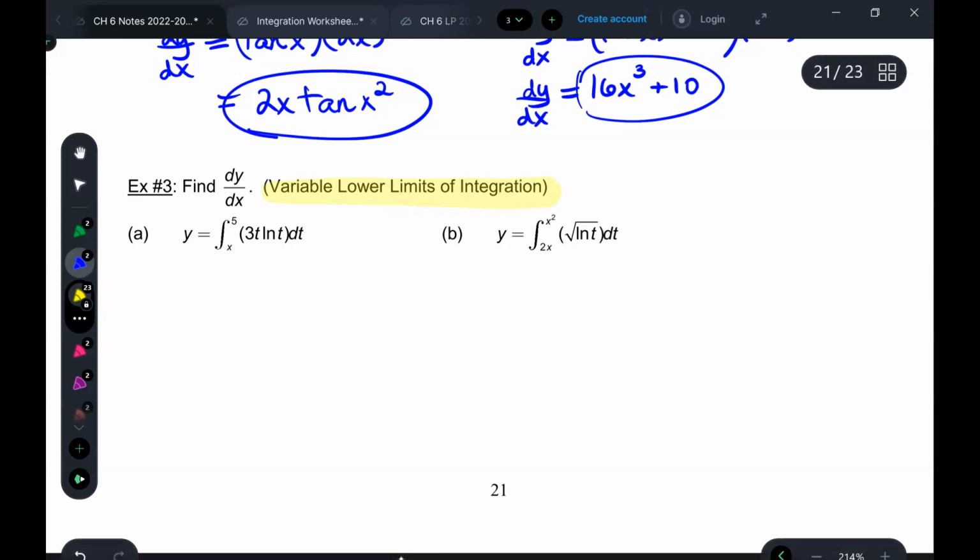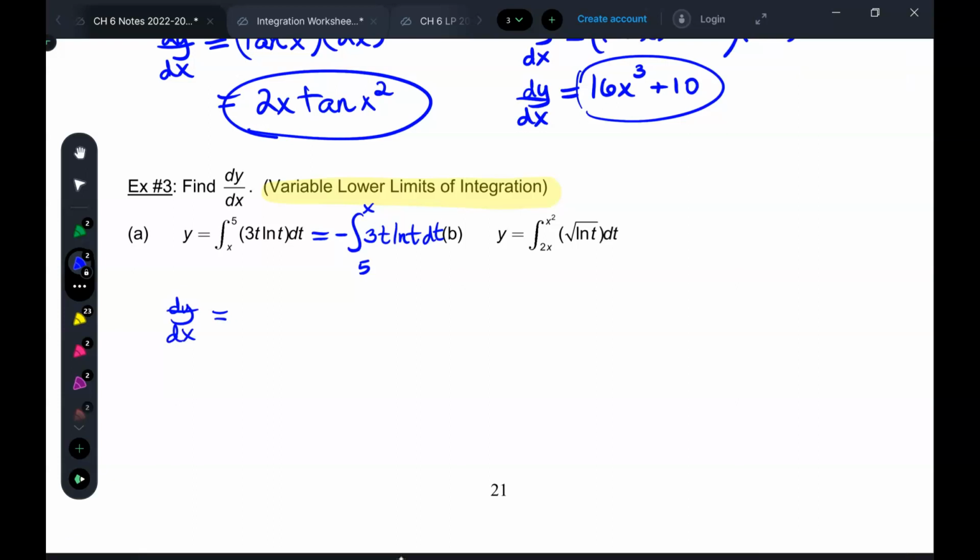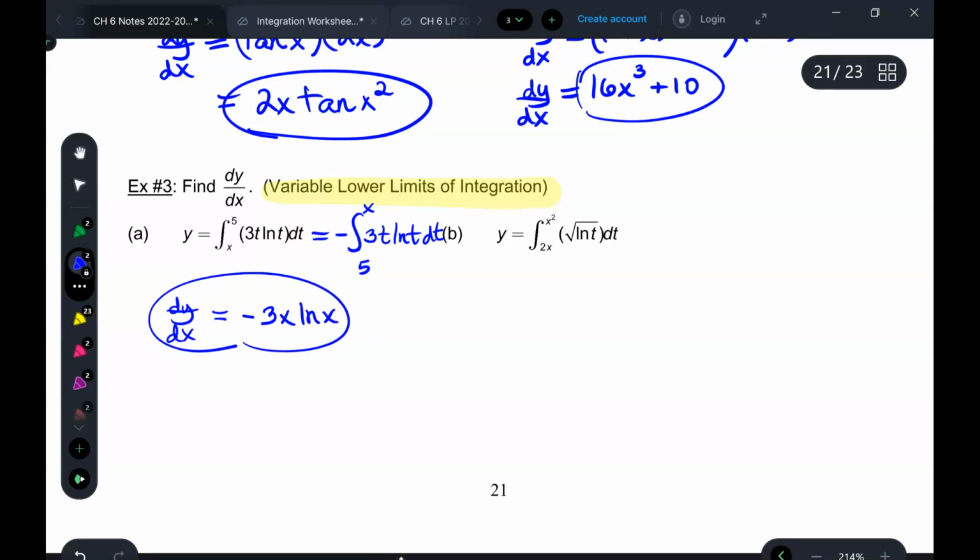If I just switched this to be negative 5 to x of 3t natural log of t dt, what happens when I do the derivative? I just replace all the x's, so I just have negative 3x natural log of x. I didn't have to apply the chain rule, which was nice.